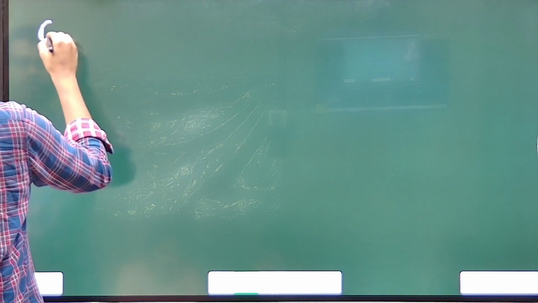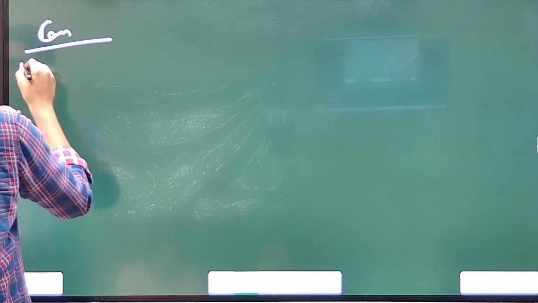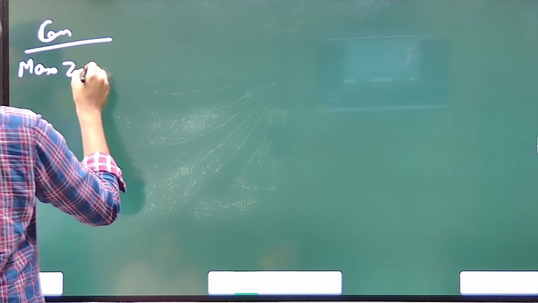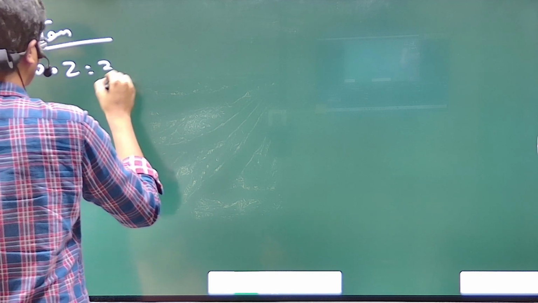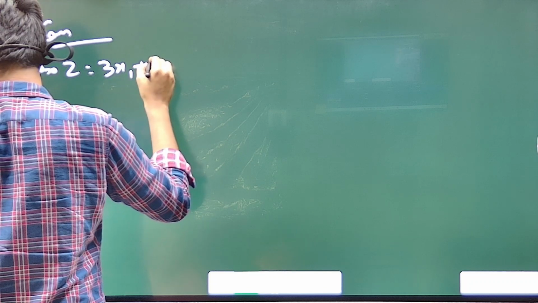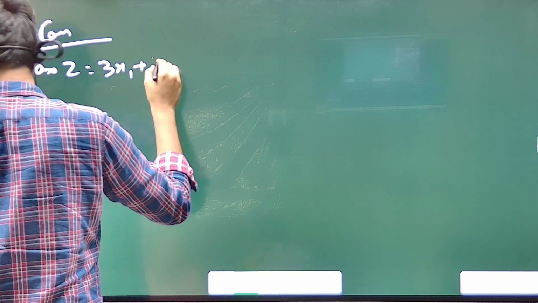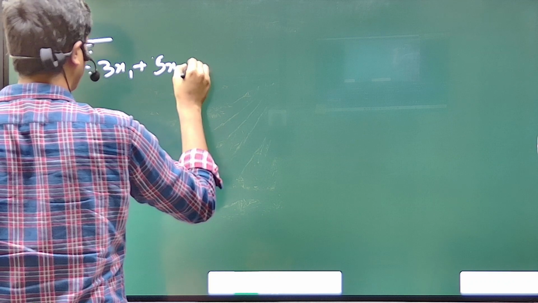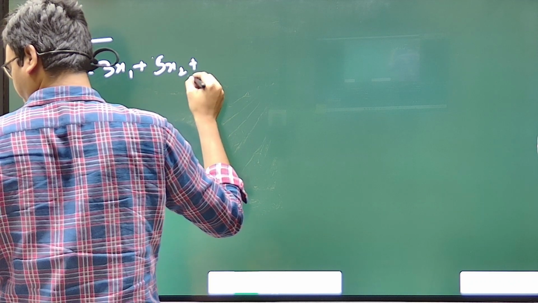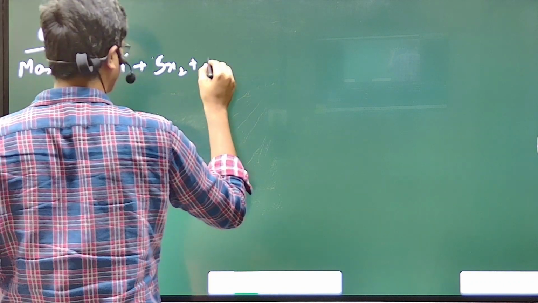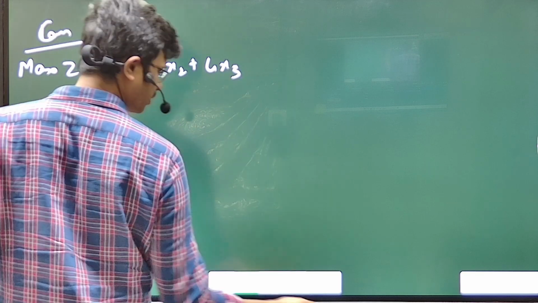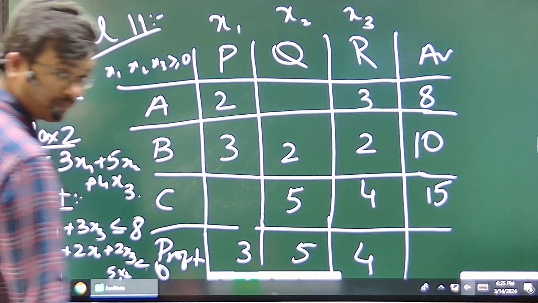Let us write the canonical form here. Maximize z is equal to 3x1 plus 5x2 plus 4x3.